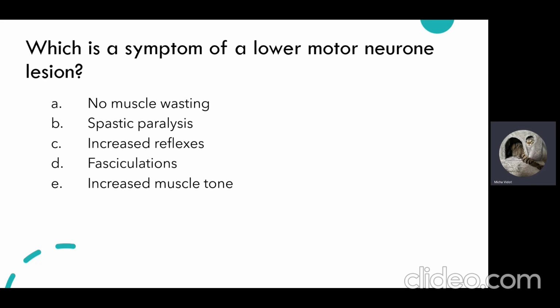A, no muscle wasting, B, spastic paralysis, C, increased reflexes, D, fasciculations, or E, increased muscle tone. And the answer is D.